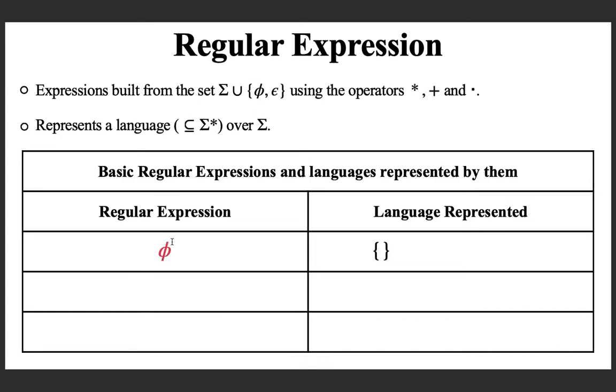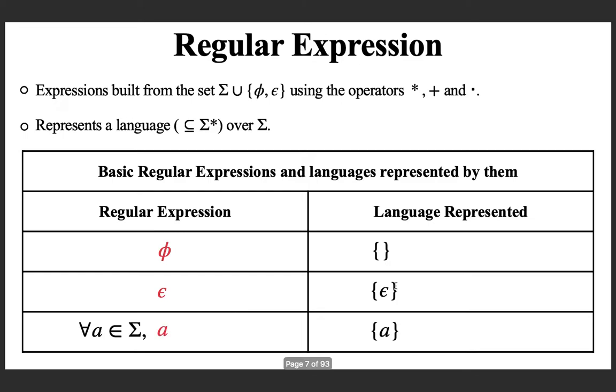The first regular expression is phi, which is directly given here, which represents the language which is the null set, no strings. So by definition, phi is a regular expression representing this language. Epsilon is another regular expression by definition which represents this language, just the set epsilon.